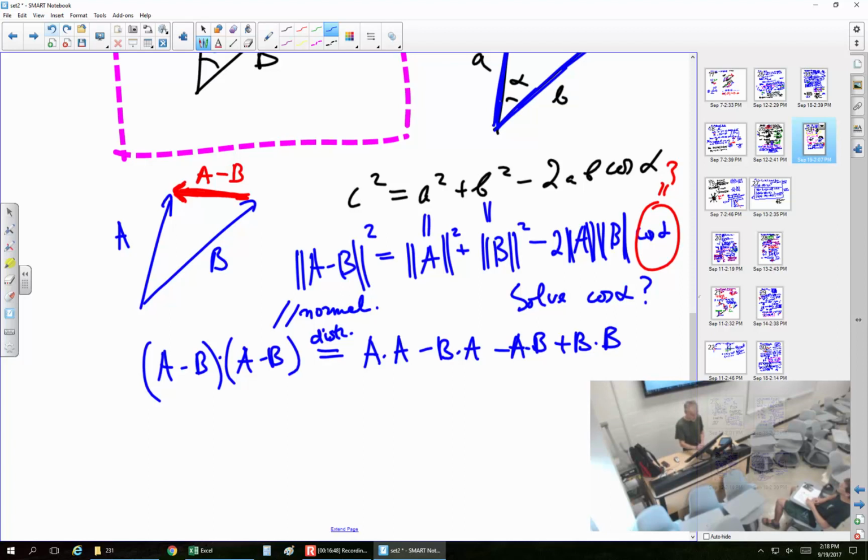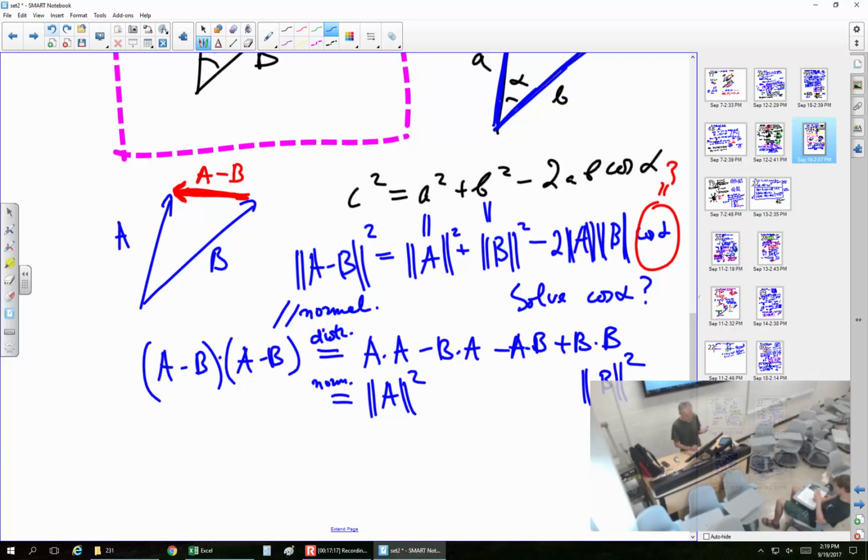Now I'm using the normalization property again. What's the first term? Just the magnitude of a squared, yes. And so is the last one, the magnitude of b squared.